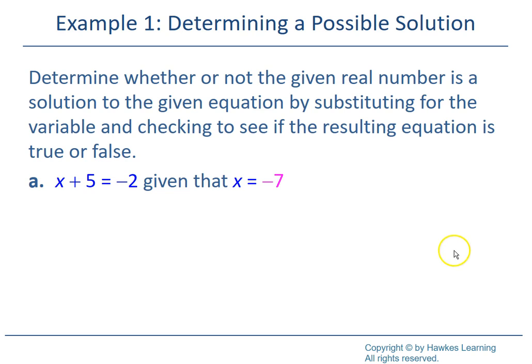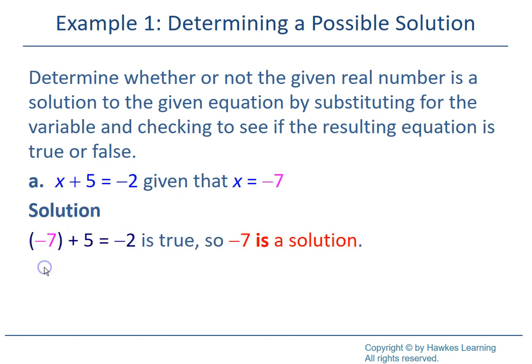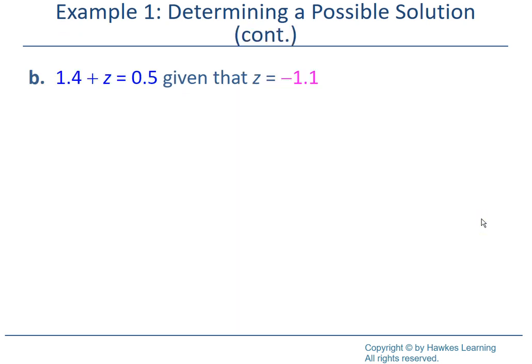So, we want to determine whether we have a possible solution. Here we're saying x is -7. Well, you put a -7 where the x is. We've done some like this before. And then we end up with, on this side, a -2 equals a -2. So this statement is true, and -7 is a solution for this particular equation.